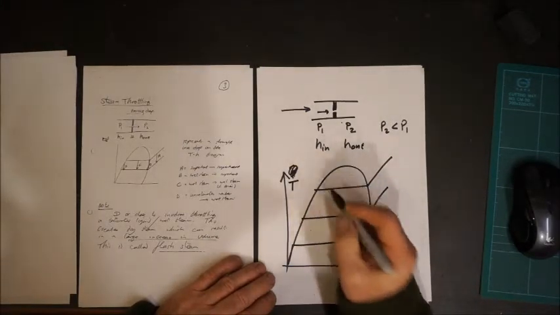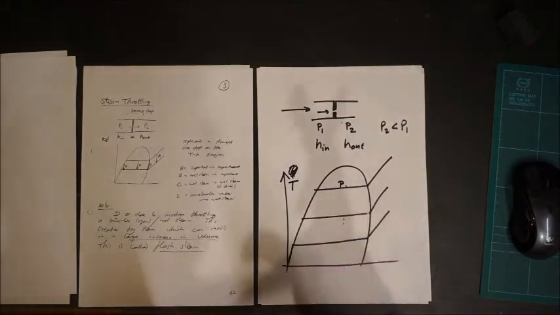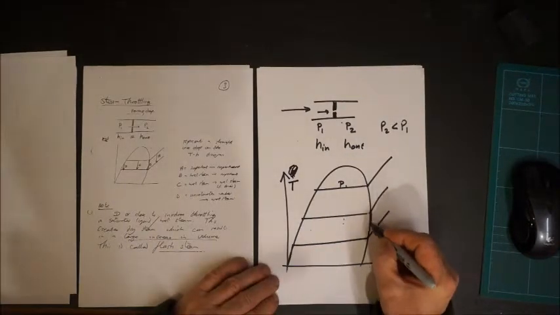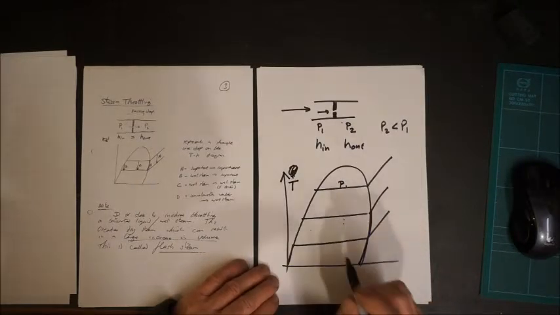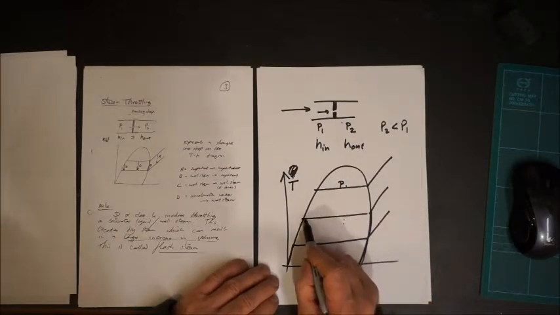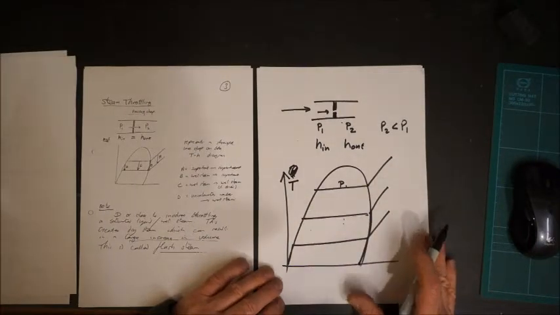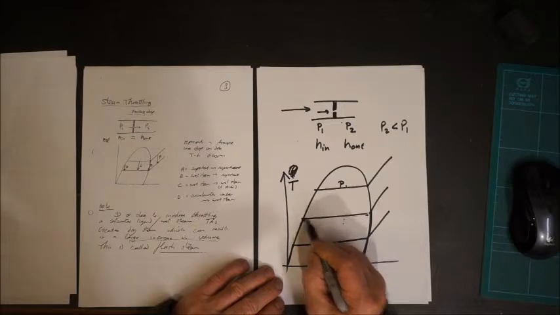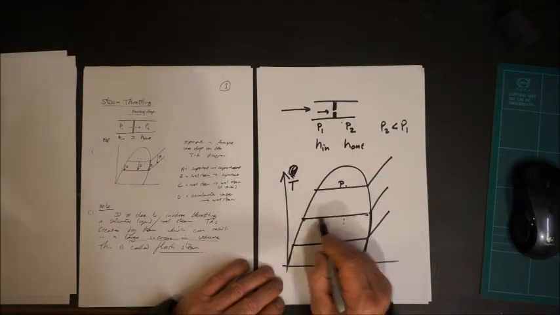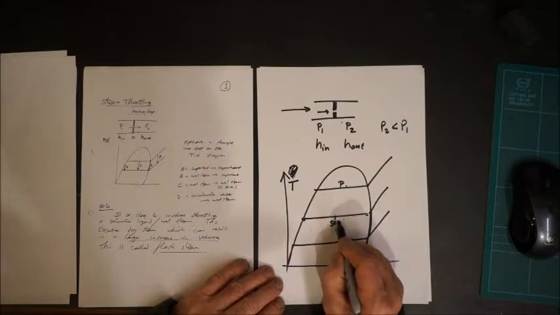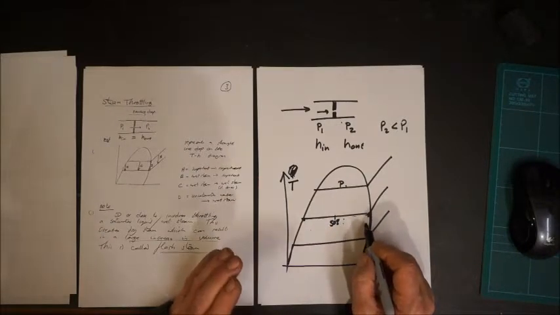Sorry, these are typically temperatures and the pressures are on these scales here. Then we remember that it's got a shape like this. And the next thing you need to remember is that as you go along from here to here, the dryness of the steam changes. It starts off being extremely wet steam. That's about 50%. And this is 100% dry steam.